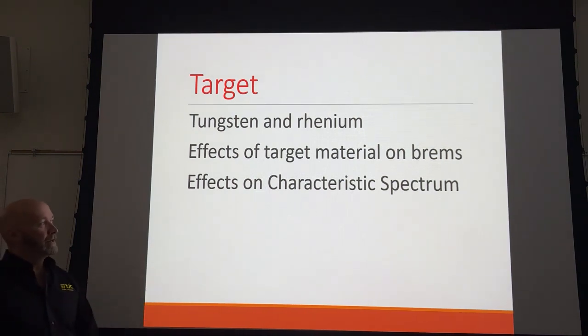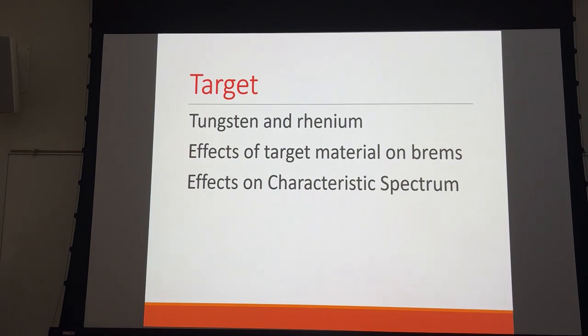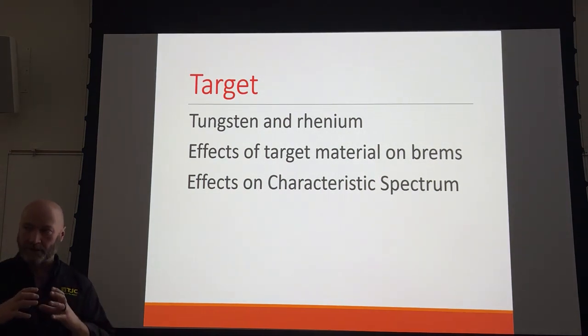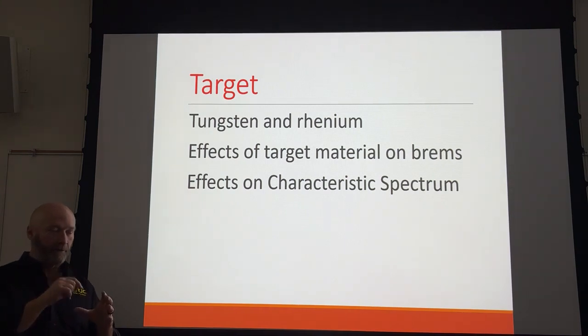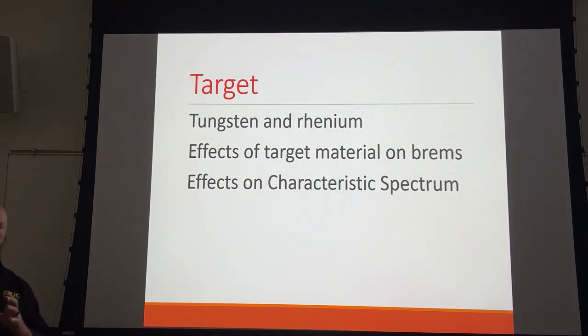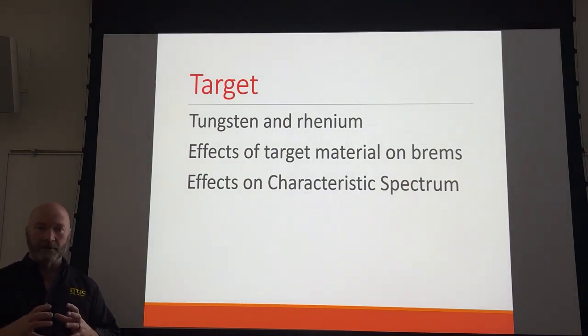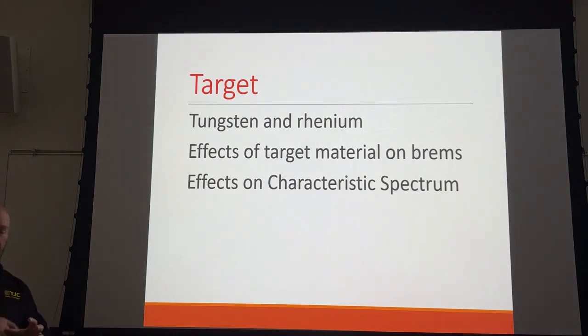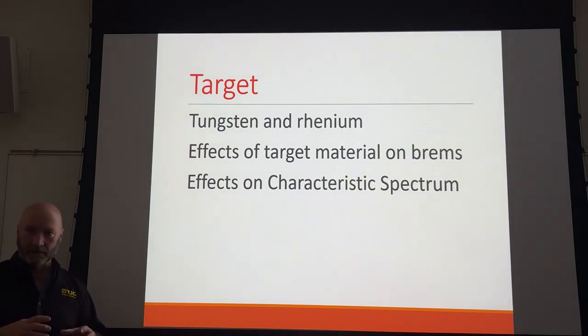So the effects on the characteristic spectrum are also going to be changed. Remember that what holds the electrons into their specific shell is the arrangement of protons and neutrons, right? So you've got a strong positive charge in the nucleus, so naturally the closer those electrons are to the nucleus, the stronger they're going to be held into place, right?